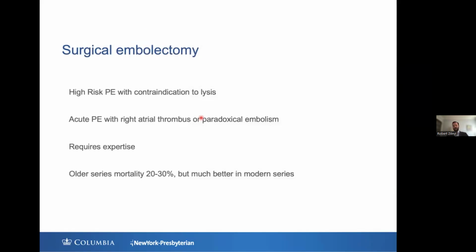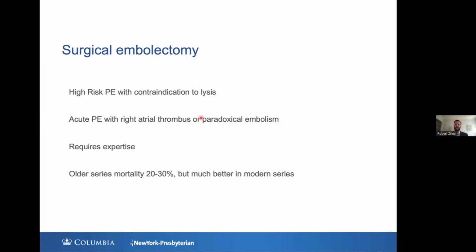And why not say everyone who has high-risk pulmonary embolism should receive systemic lytics? Well, that's been a class one indication for many years. And at the end of the day, most patients who present with a high-risk pulmonary embolism will not receive systemic lytics. In many series, the rates are anywhere from 25 to 40%. And why is that?